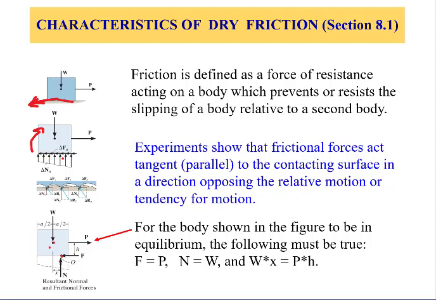By applying these two conditions, especially the moment, we'll find that the moment produced by the weight, if we apply the moment about O, is W multiplied by x, and this is counterclockwise, which must be equal to the moment produced by P, which is h multiplied by P. So this equilibrium equation will determine the location of x, together with the summation of forces in x and the summation of forces in y equal to 0.